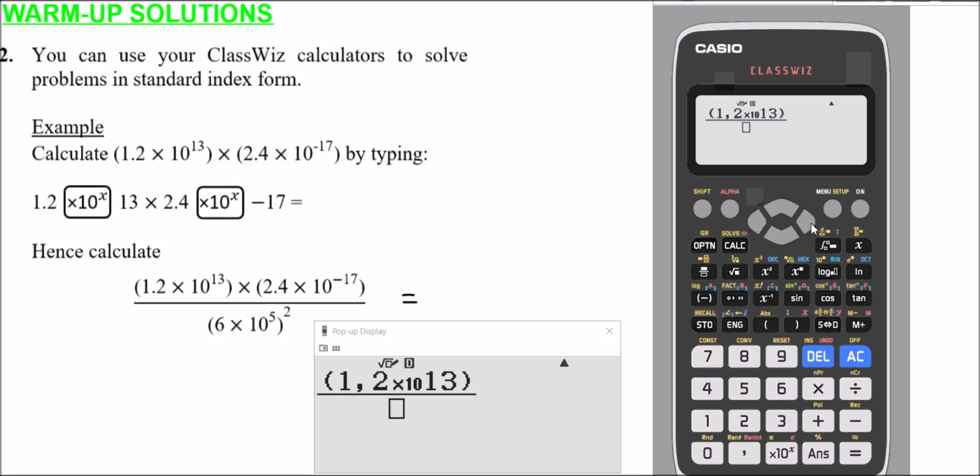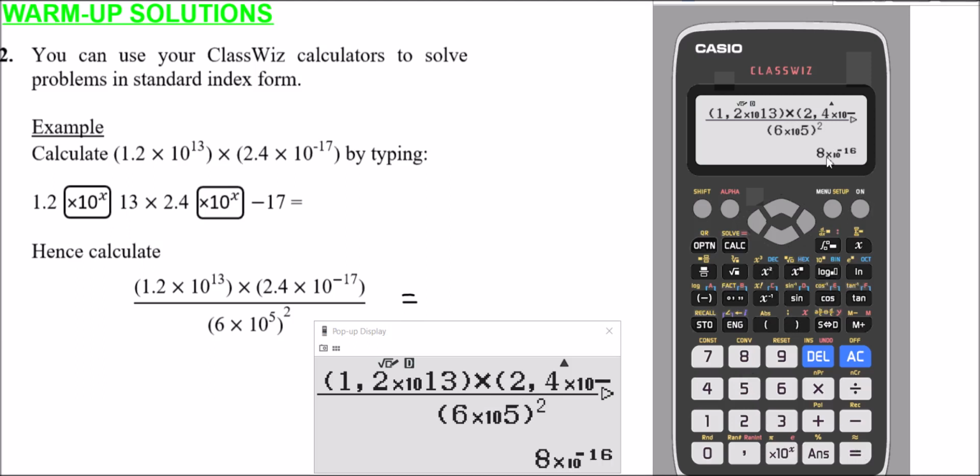Then we're going to multiply this by 2.4, press this again, but now the power of 10 is -17. And again, close brackets. Finally on the bottom, we've got 6, and again it's a times 10, so press this button here, followed by 5, close it off, and then square. And we get here 8 times 10 to the -16.